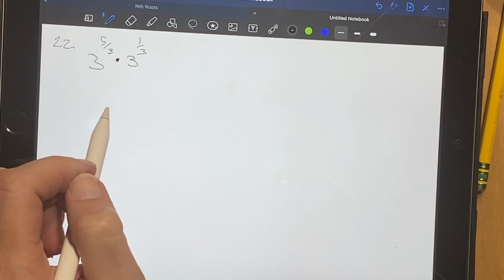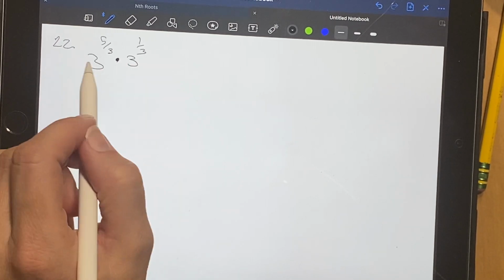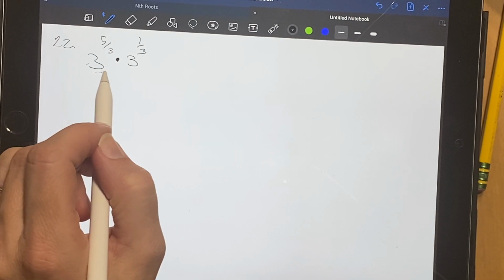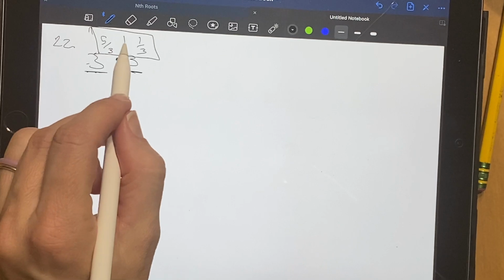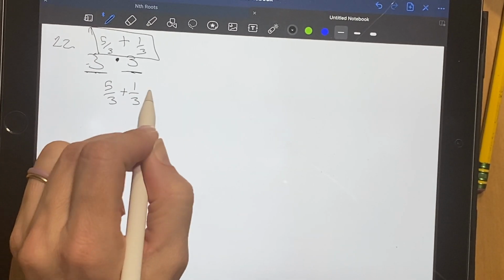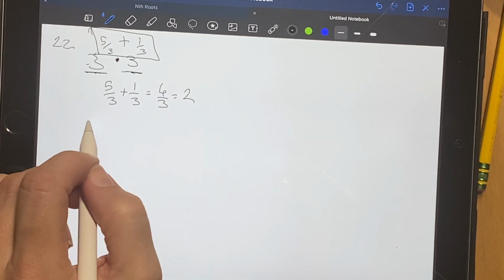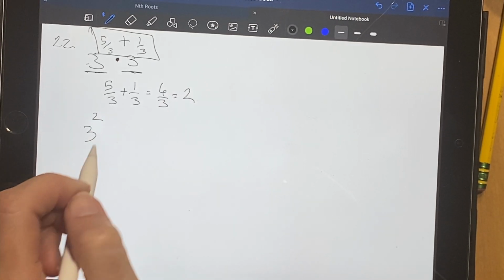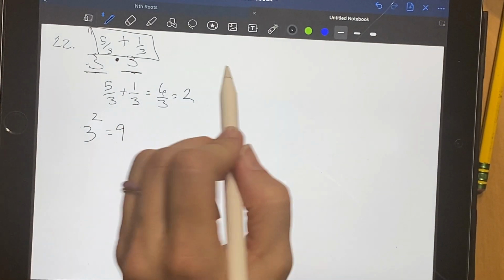The only rule for multiplication is that the bases have to be the same. In this case, my bases are the same, so I'm simply adding the exponents. 5/3 plus 1/3 gives me 6/3, which reduces to 2. So I have 3 squared, which gives me 9.